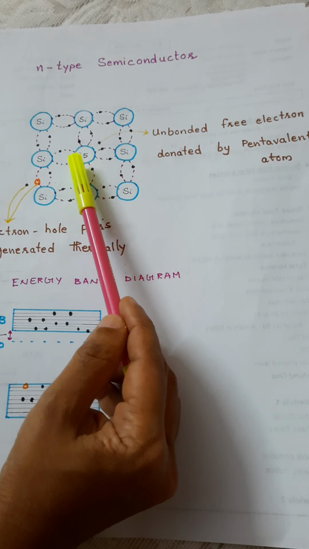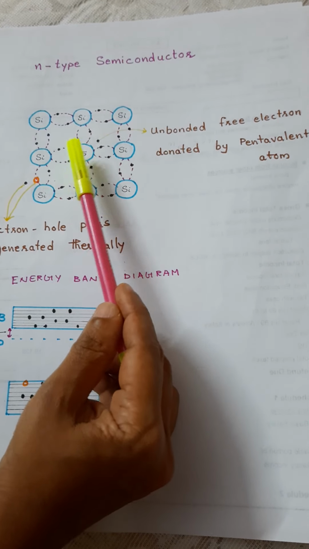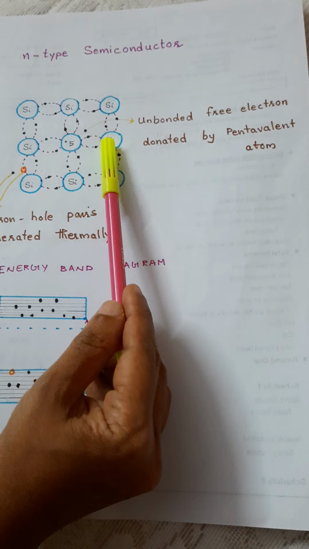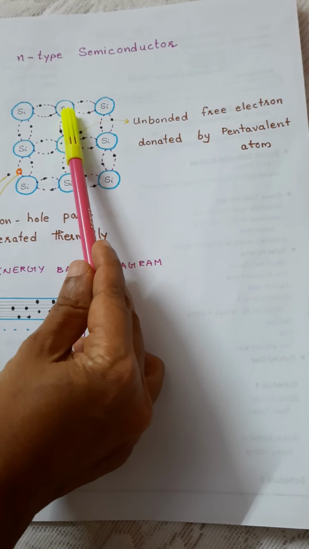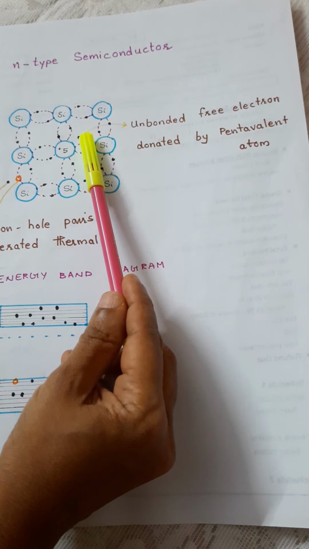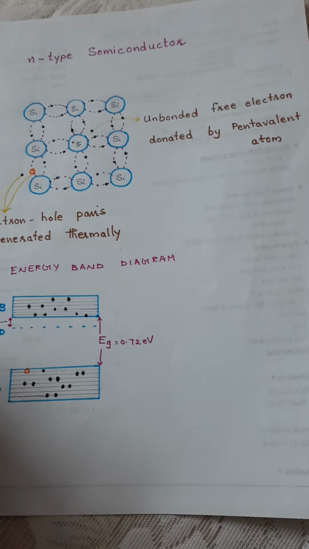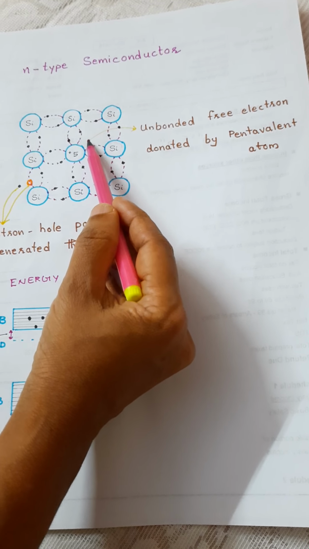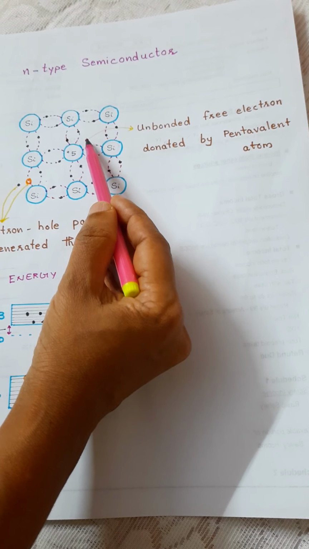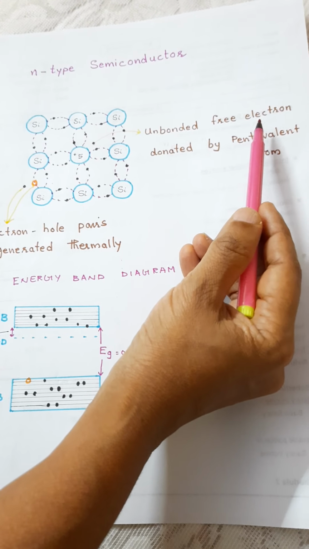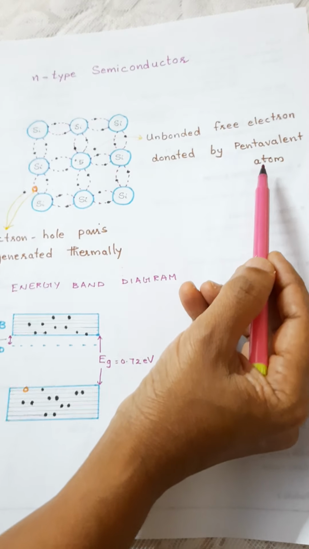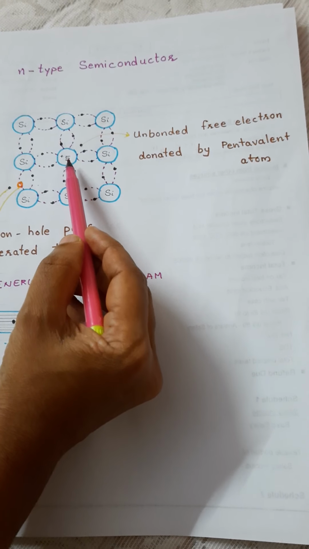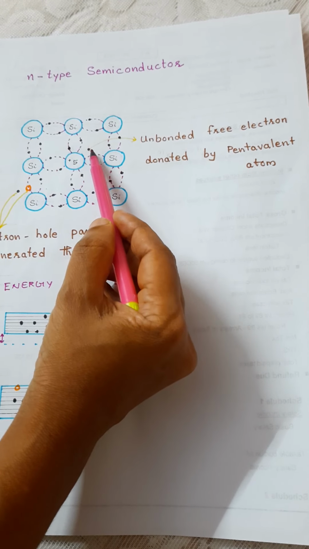So this is the impurity atom with a valency of 5. 4 of its valence electrons form covalent bonds with 4 neighboring silicon atoms. But the 5th electron is free. It is weakly bound to the atom, so at room temperature this electron is free and is available for conduction. This is the unbonded free electron, and it is donated by the pentavalent atom. So this pentavalent atom is called donor, as it donates one electron.